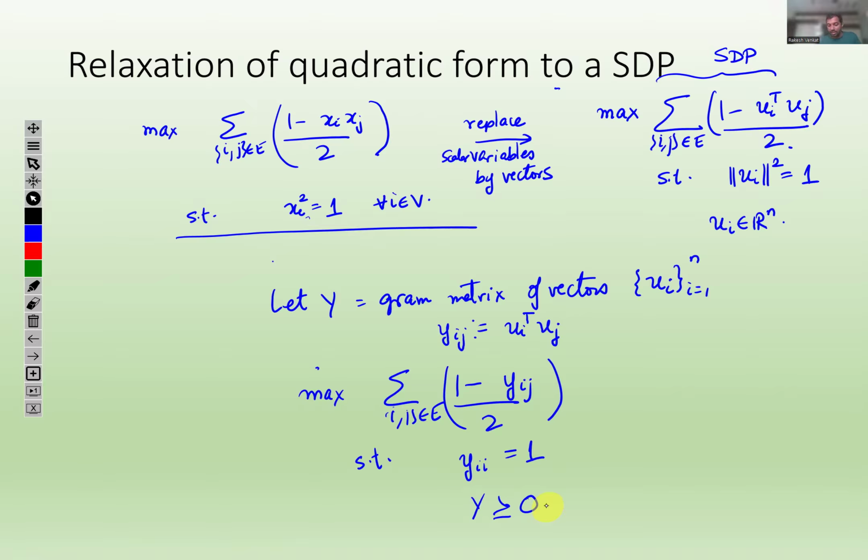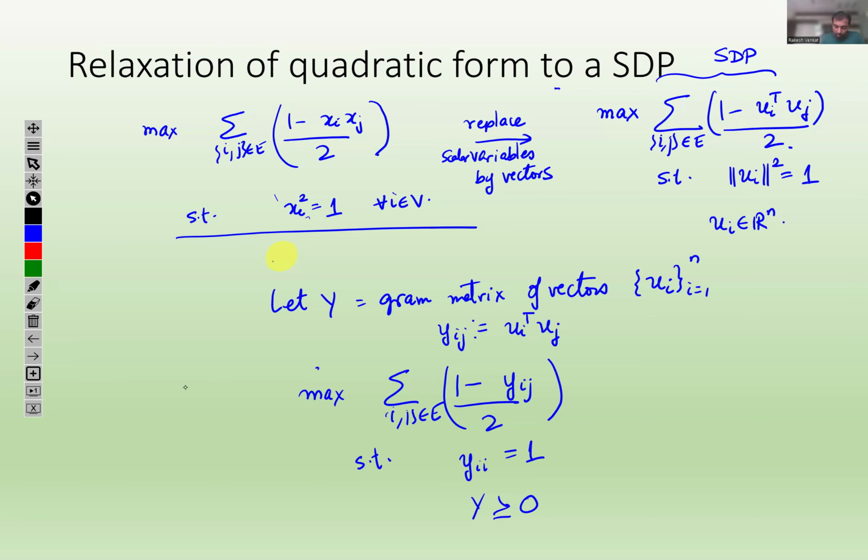It is a relaxation because every feasible scalar solution is also a vector solution. Okay, every feasible scalar solution to the original problem is also a vector solution, but now we have expanded the space furthermore, right? And since I've expanded the space furthermore, the maximum increases.